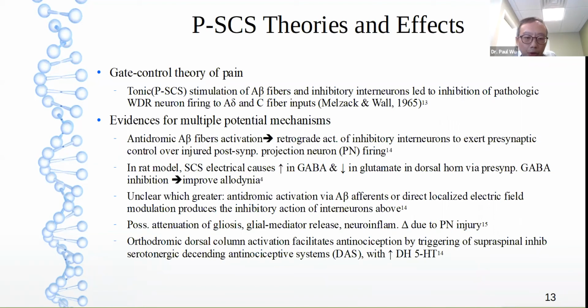Additionally, orthodromic dorsal column activation also facilitates the anti-nociceptive system by triggering the supraspinal inhibitory serotonergic descending system, resulting in an increase in dorsal horn serotonin.